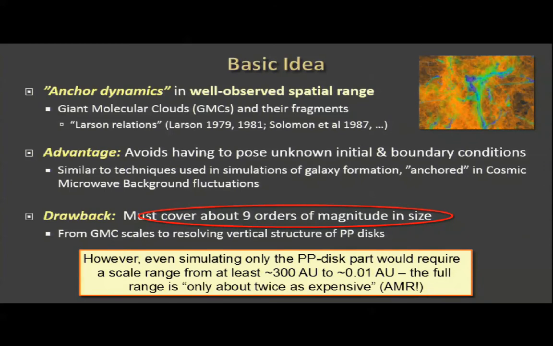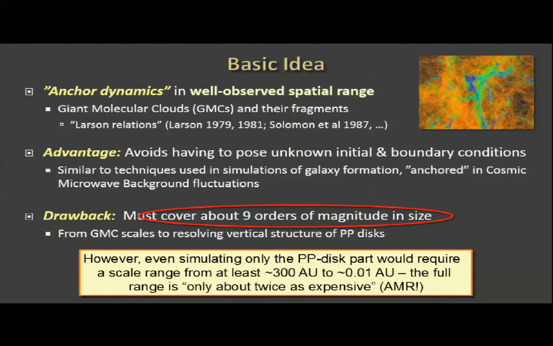However, it turns out that if you invest your AMR cells such that you have about the same number of cells in each level as you zoom into a star, it means that the cost scales linearly with the number of levels. So going to 9 orders of magnitude is only about twice as expensive as going to 4.5 orders of magnitude, which is the minimum you would have to have anyway. There's no sense in simulating a protoplanetary disk unless it's at least a few hundred AU big.